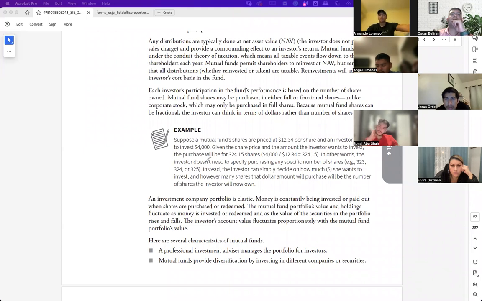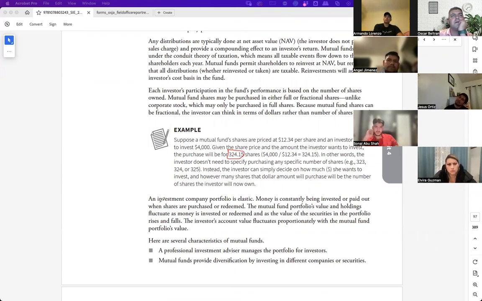In other words, the investor doesn't need to specify purchasing any specific number of shares. Instead, the investor can simply decide how much he wants to invest. Remember, with mutual funds, can you buy the whole share or can you do partial? You can do partial. That's why we can get this amount of shares here, because we can do partial.